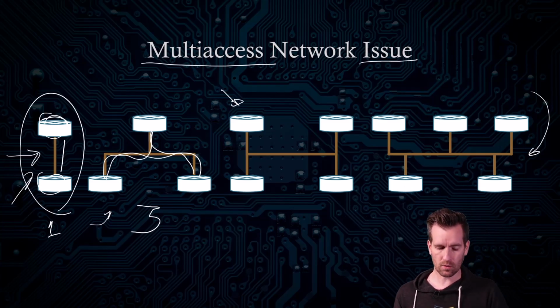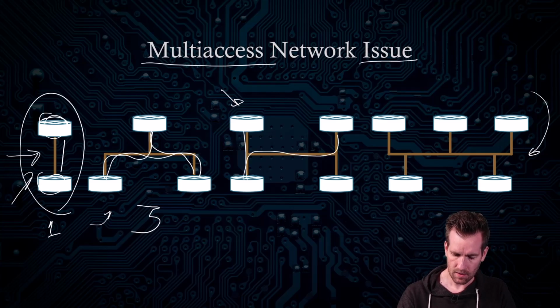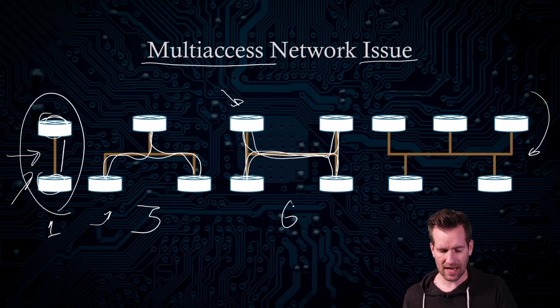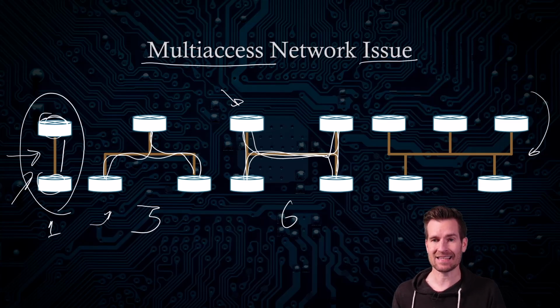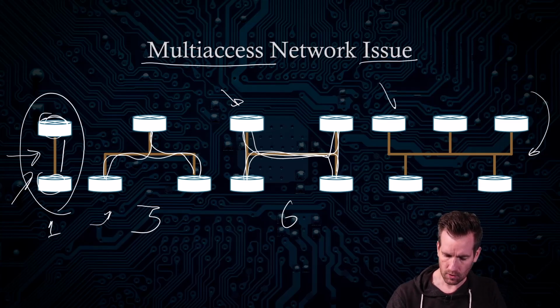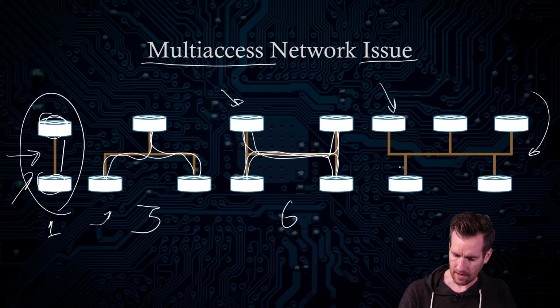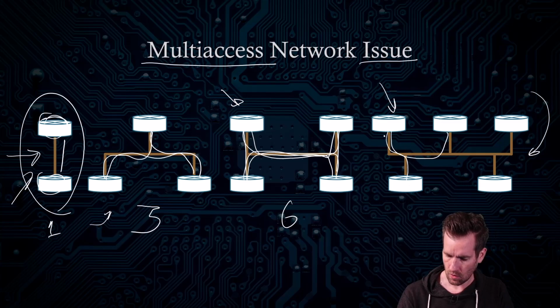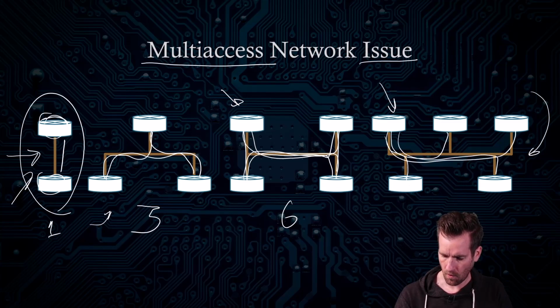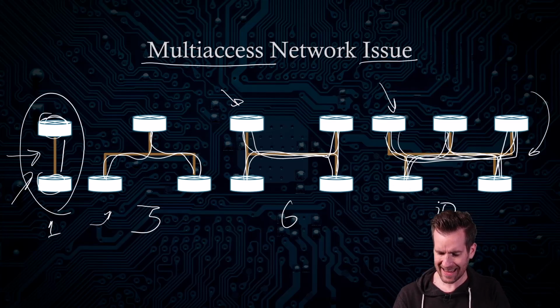With this network right here, we have 1, 2, 3, 4, 5, 6. So this network has 6 different neighborships that it creates. It's 6 different communications that it needs to establish. And then in this network right here, we see that there is 1, 2, 3, 4, 5, 6, 7, 8, 9, 10. So 10 different connections.